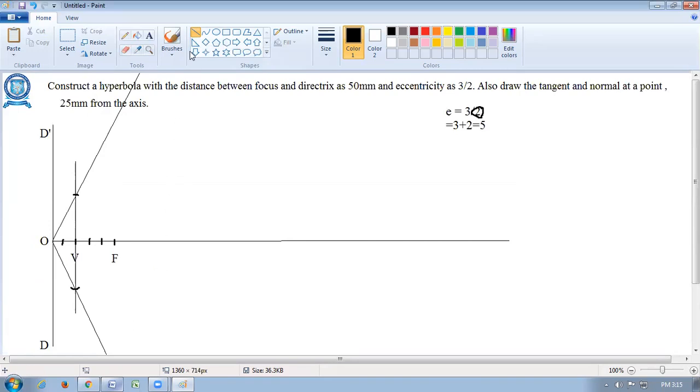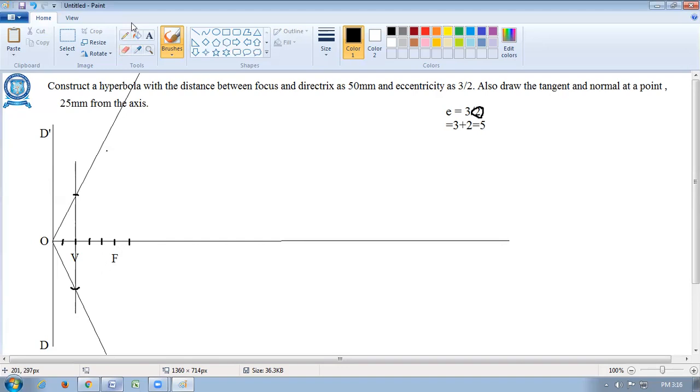And the next step is we have to divide this line into continuous equal distances. Since we are taking 10 mm, we have to cut continuous arcs up to 4 from the vertex.